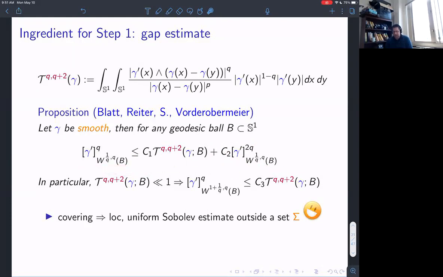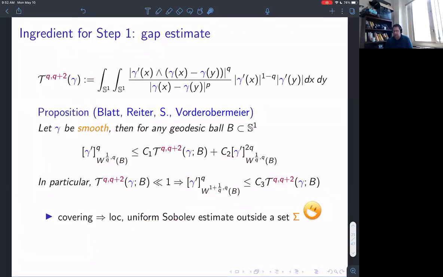And now this means that if this energy is small enough, and you already know that these quantities are finite, and so they are continuous with respect to the ball, you get rid of this term. So this is a topological argument. It's a polynomial solution, and the roots are separated. So if this energy is small enough, and you know that you're already smooth, then you get the Sobolev norm under control in that ball. And so that's the main ingredient.